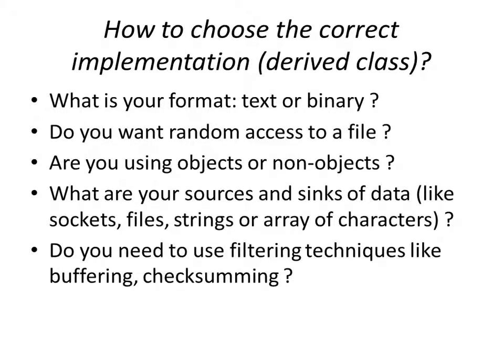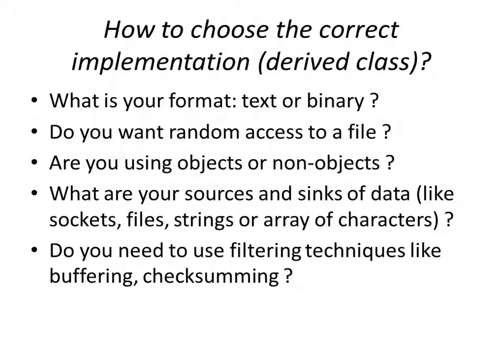So we have a large number of derived classes. So how do you choose the correct implementation? The questions that you need to ask yourself are: what is the format of the file that I want to read or write? Is it text or is it binary? Do you want to access the file in a random access fashion? Are you using objects or primitive types?